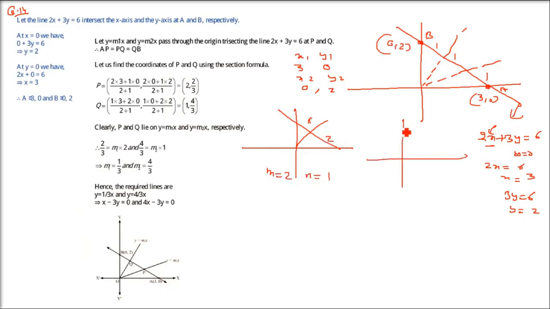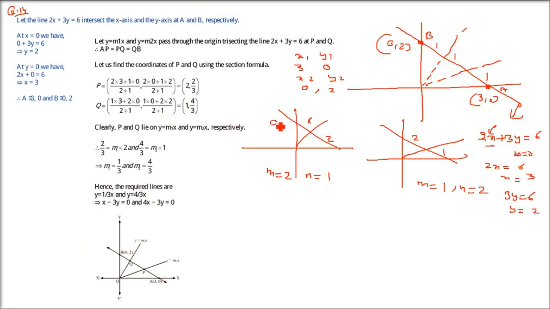In the second case, it is now 2 up, 1 down. Here you are going to take m as 1, n as 2. Section formula you know for the first one. And x1, y1, x2, y2 remain the same for both the lines.